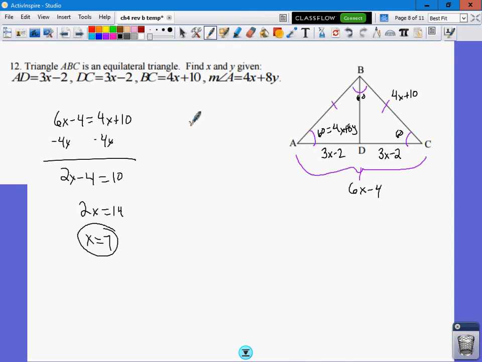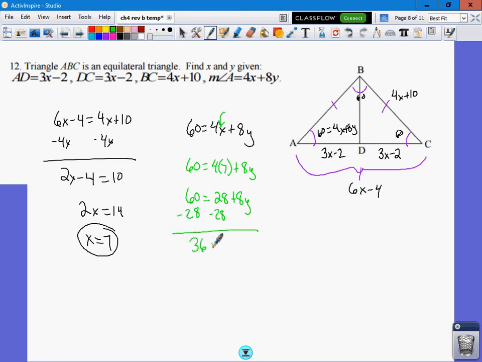Here's the other equation. 60 equals 4x plus 8y. I can take the x that I've just found and plug it in. 60 equals 4 times 7 plus 8y. 4 times 7, 28. Subtract the 28 from both sides.